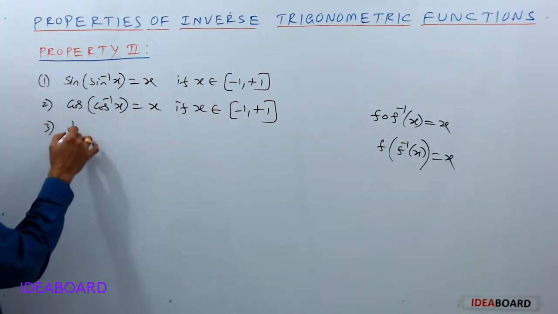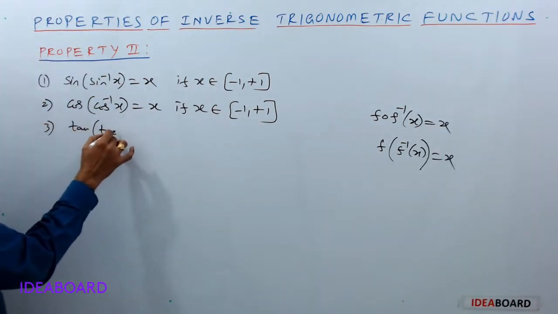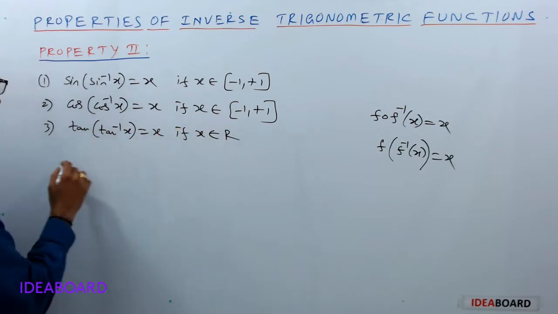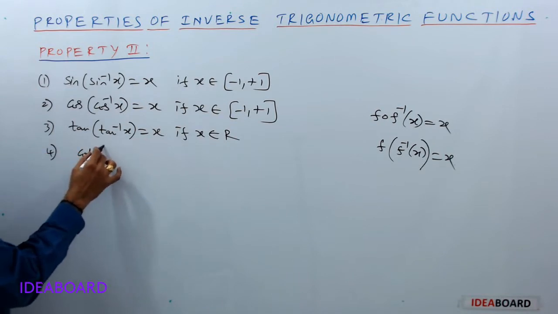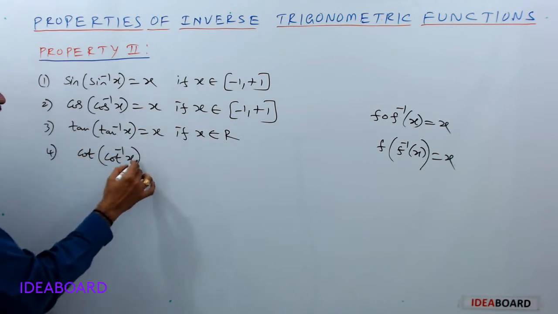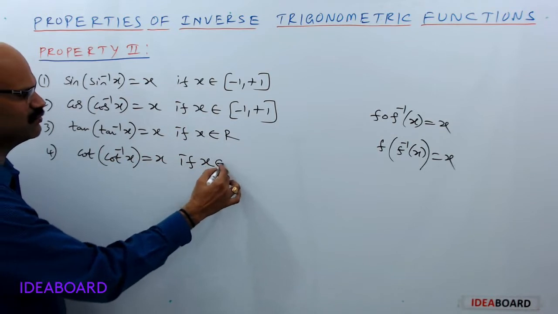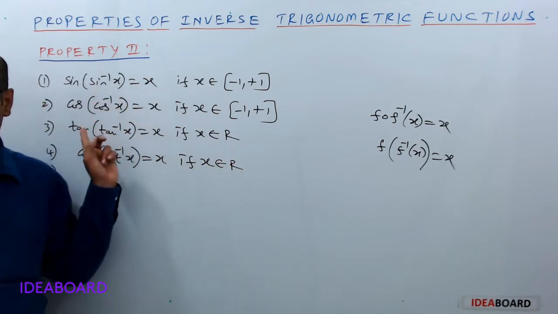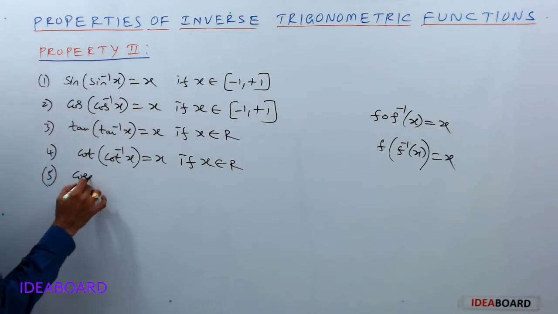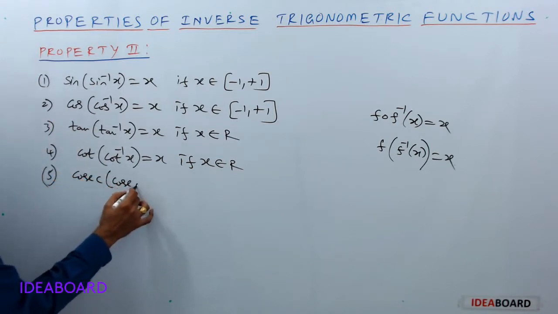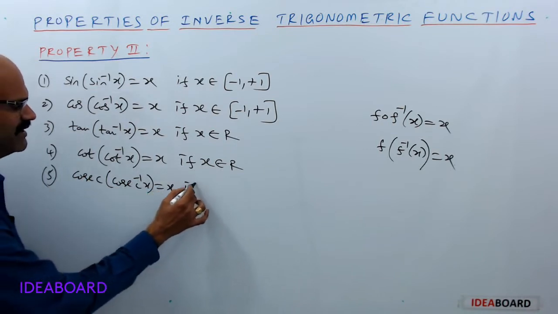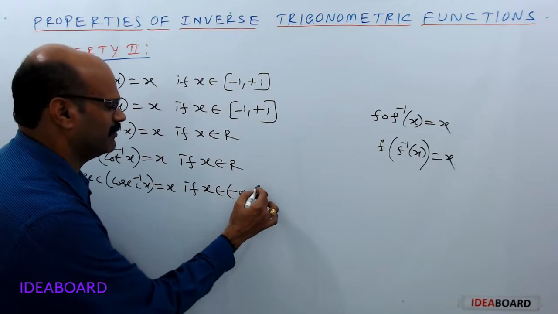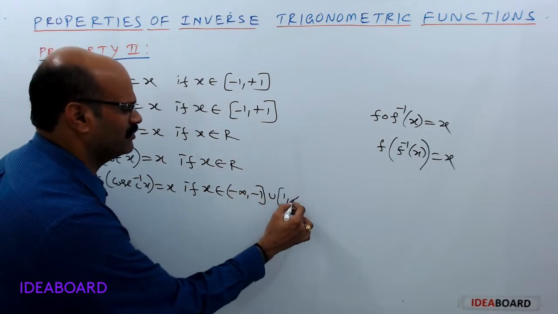Third one, tan of tan inverse of x equal to x if x belongs to R. Cot of cot inverse of x equal to x if x belongs to R. Next, cosecant of cosecant inverse x equal to x if x belongs to minus infinity to minus 1 union 1 to infinity.